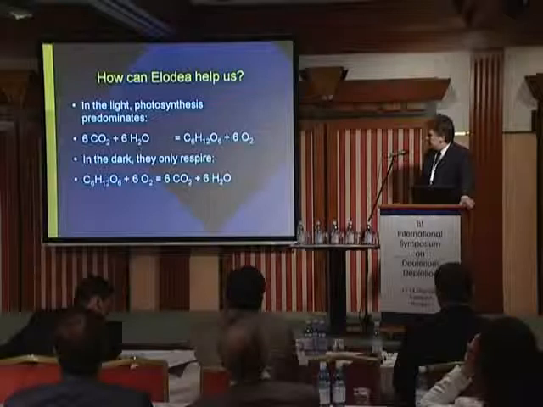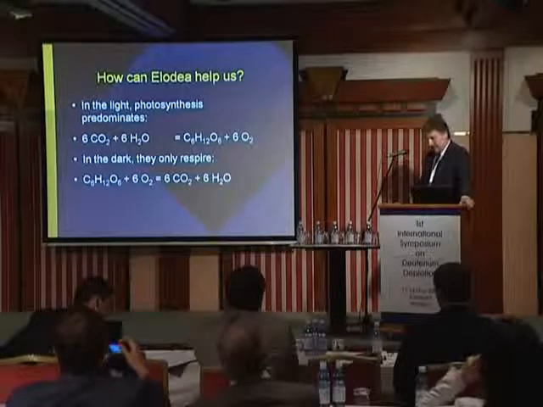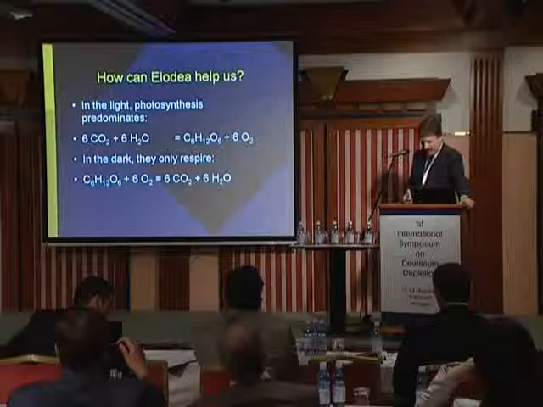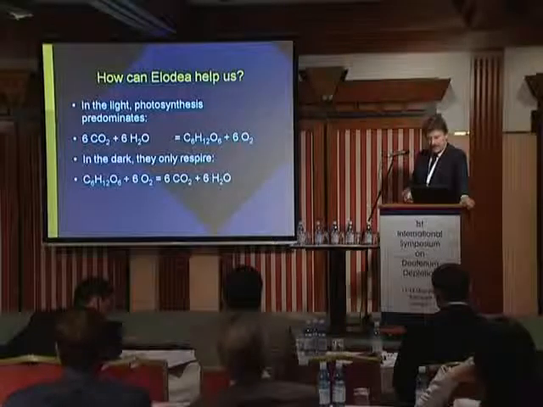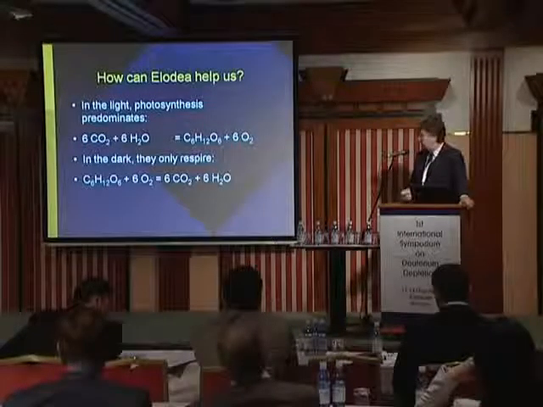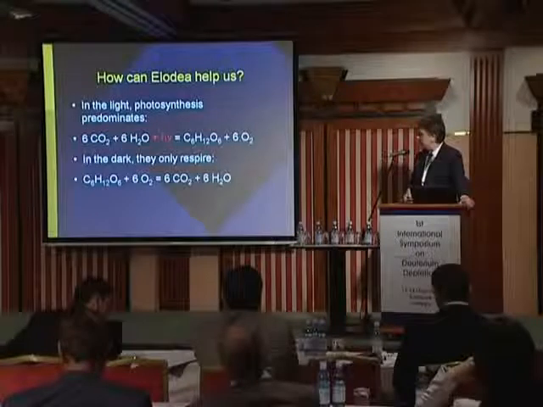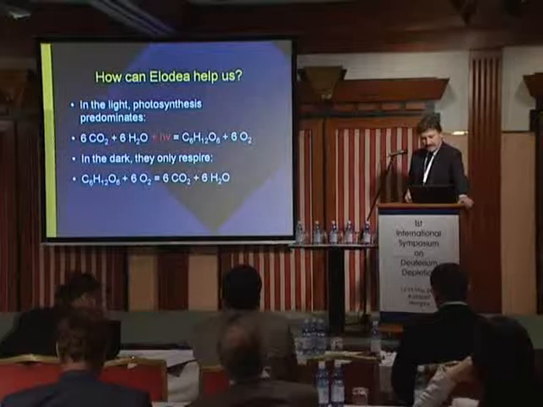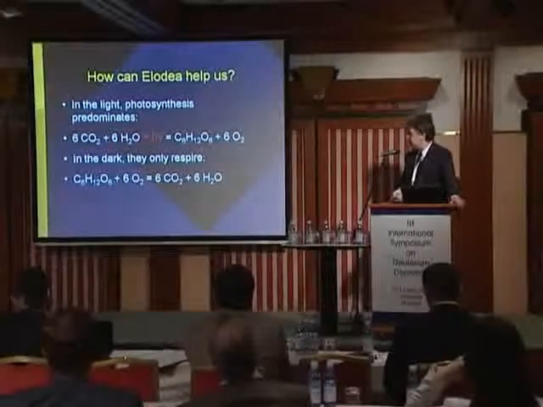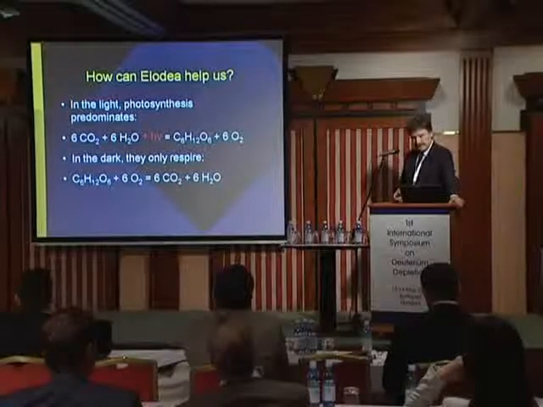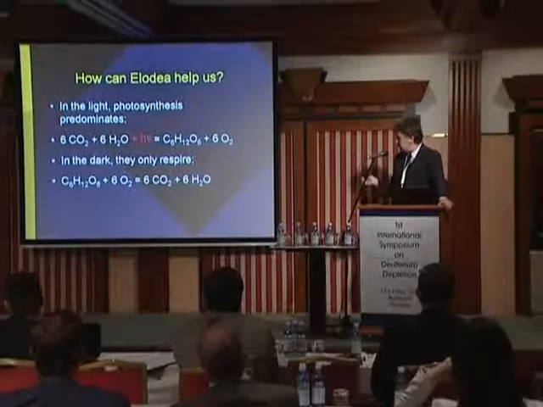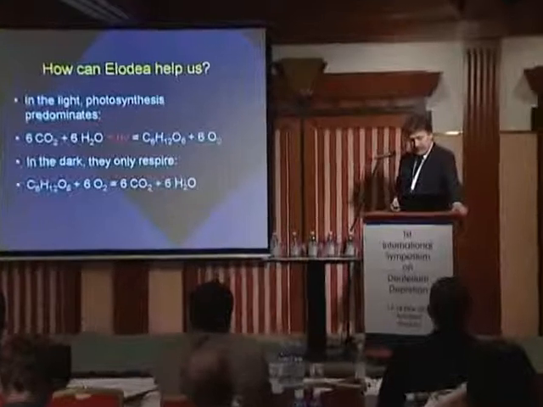So, as you know well, the plants can carry out photosynthesis and respiration. In the light, they carry out both at the same time, but photosynthesis usually predominates, and in the light, plants are capable of fixing CO2 and producing sugar, and they are capable of utilizing the energy of photons.